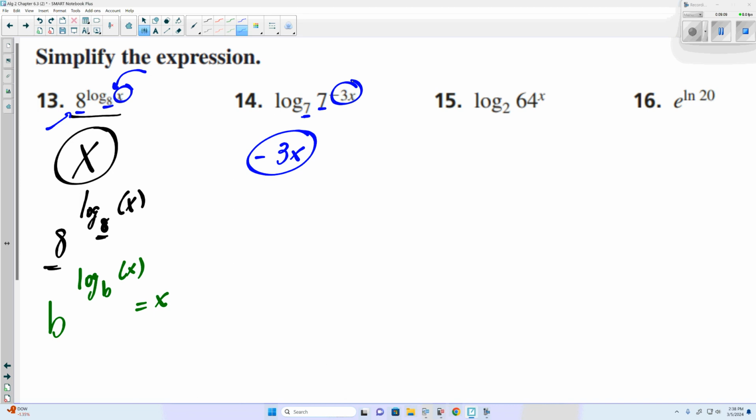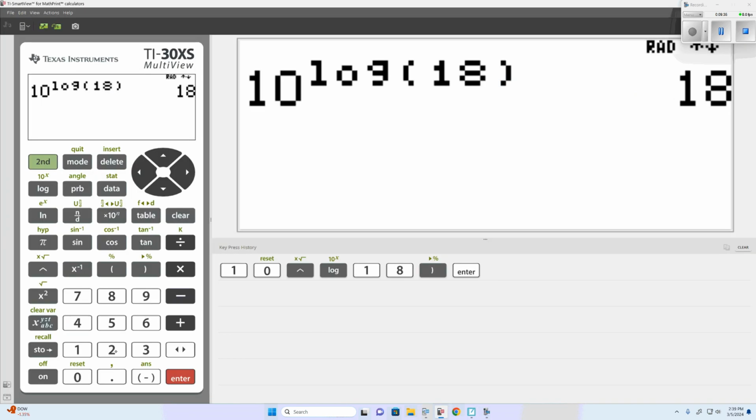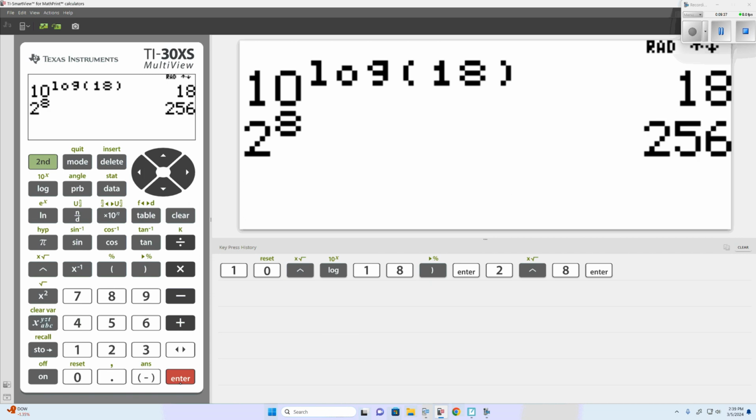Let's look at 15. Log base 2 of 64 to the x. Well, our base here is 2, yes? And the number inside the log is also 2, yes? No, it is not. Now, if I could rewrite it as 2 to a power, then it would simplify, yes? 2 to the 4th, let's try. 2 to the 6.